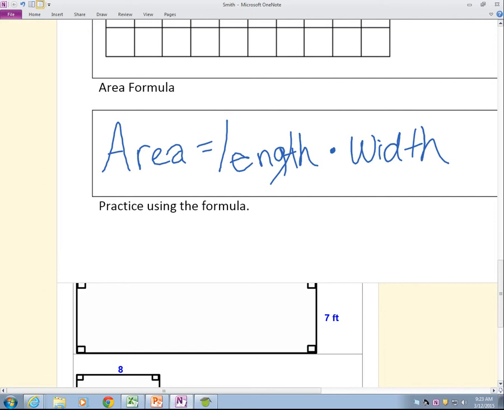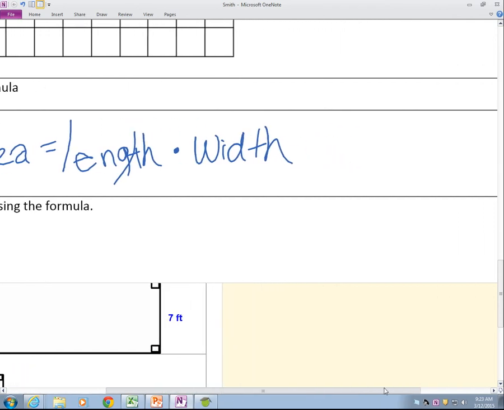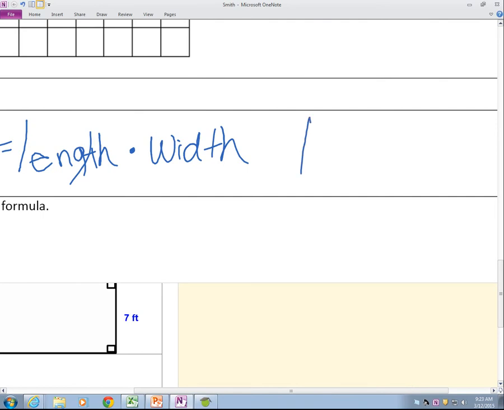And I'm going to write that in 2 ways. I want you to write it like that first, though. Then we can graduate to this: A equals L times W.